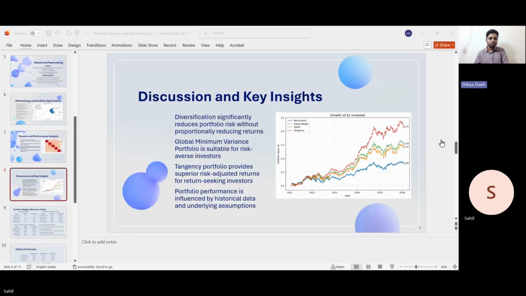These outcomes are based on historical data and modeling assumptions, so results may change as markets evolve. Overall, the analysis shows how choosing the right asset mix and using optimization techniques can boost returns while keeping risk controlled. Now Sahil will take you through the code base of this project.